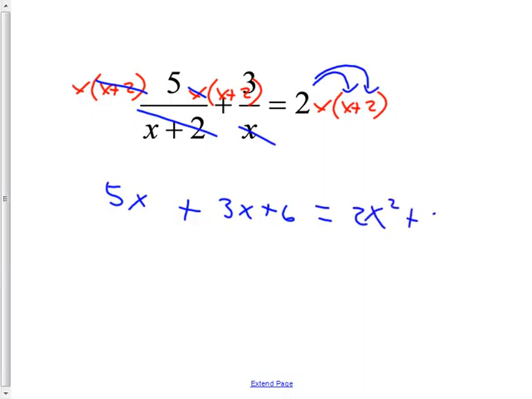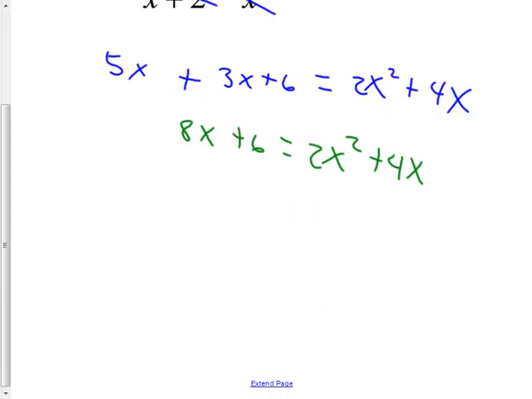Multiply that out. 2x squared plus 4x. Do you see how this is going to be a quadratic? All right, I'm going to get all this stuff together and call it 8x plus 6 equals 2x squared plus 4x. Now I got x's on both sides. I got to get them all to one side and set it equal to 0, because that's what you do with quadratics. I'm going to get that over there by subtracting 8x from both sides.